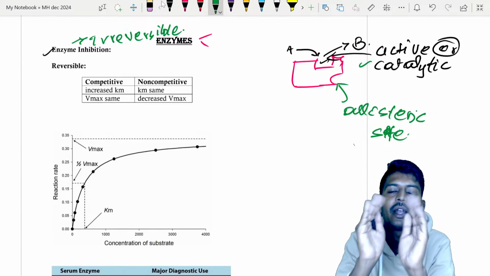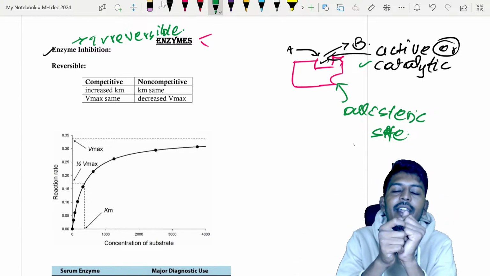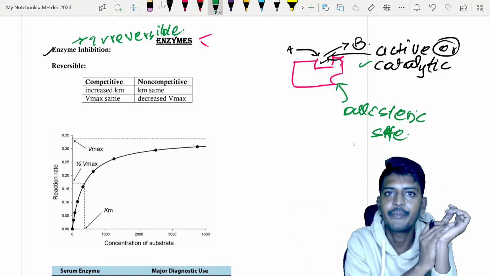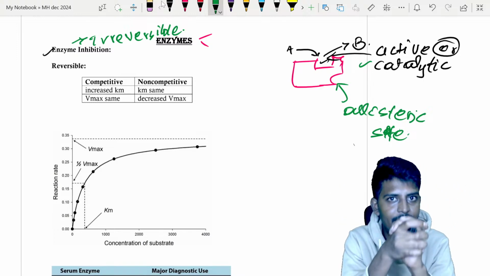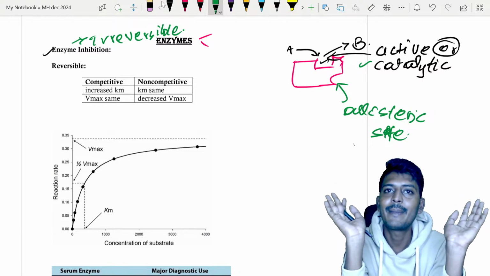In the body, that particular enzyme has been permanently destroyed. If your body requires the activity of that enzyme, it has to synthesize a new enzyme; only then can the activity return. So if an irreversible substance binds, bye bye, that's it. Enzyme activity is over.